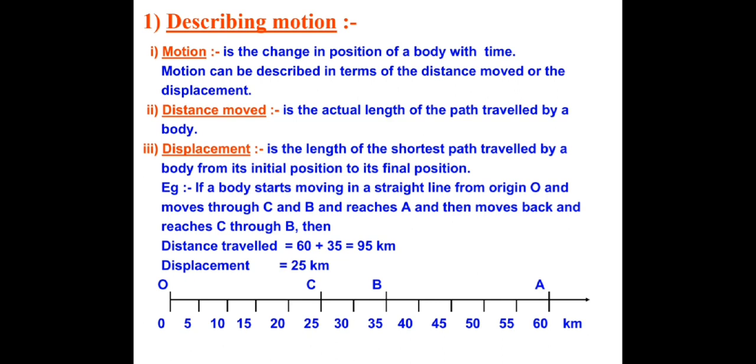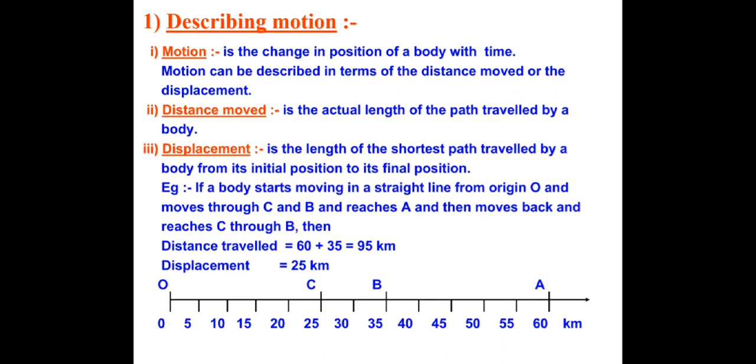Now displacement means what? Displacement is the length of the shortest path. Here in the distance moved, the actual length of the path is given, but in the displacement, it is the length of the shortest path travelled by a body from its initial position to its final position.